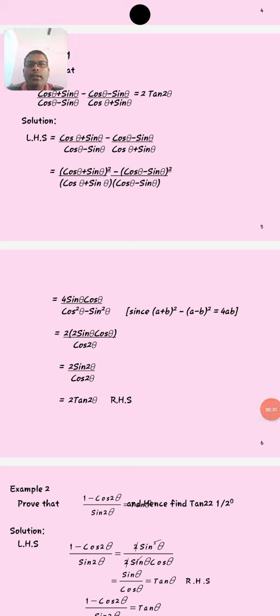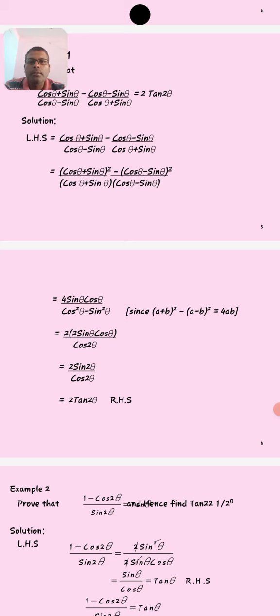Here the LHS we have to do the LCM part. We get (cos theta plus sin theta) whole square minus (cos theta minus sin theta) whole square. Here we use the formula (a plus b) whole square minus (a minus b) whole square equal to 4ab. Using that formula we write 4 sin theta into cos theta. In the denominator also (a plus b) into (a minus b) is there, so how to write this? a square minus b square.